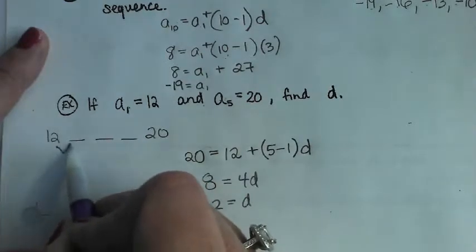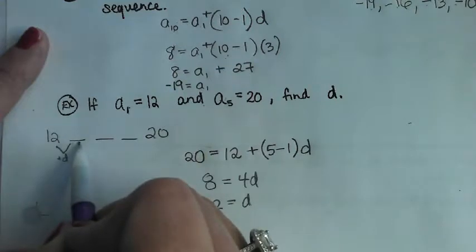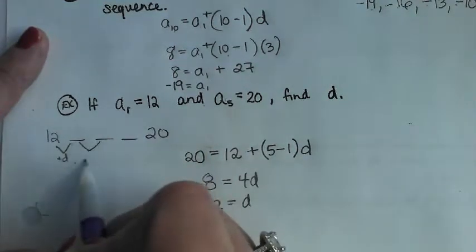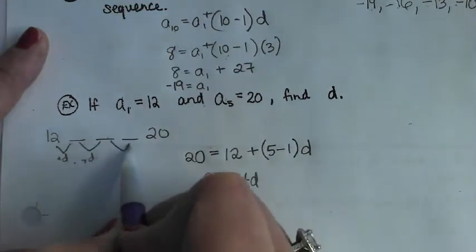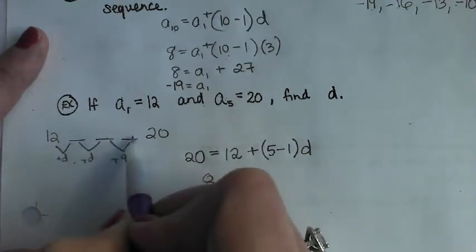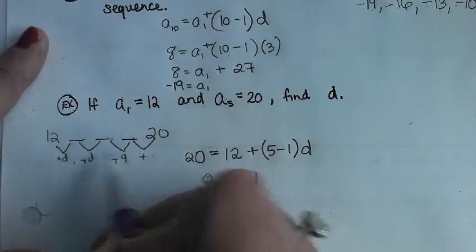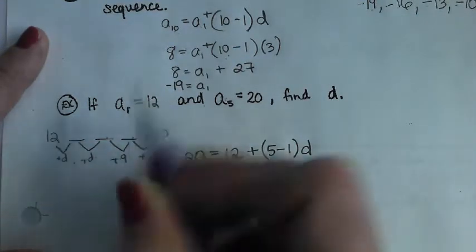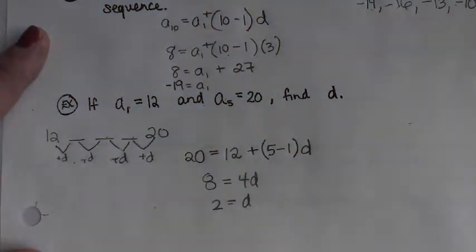I'm adding some common difference one time to get to the second term. A second time of adding that will get me my 3rd term. A 3rd time of adding that will get me to my 4th term. And a 4th time of adding that will get me to 20.